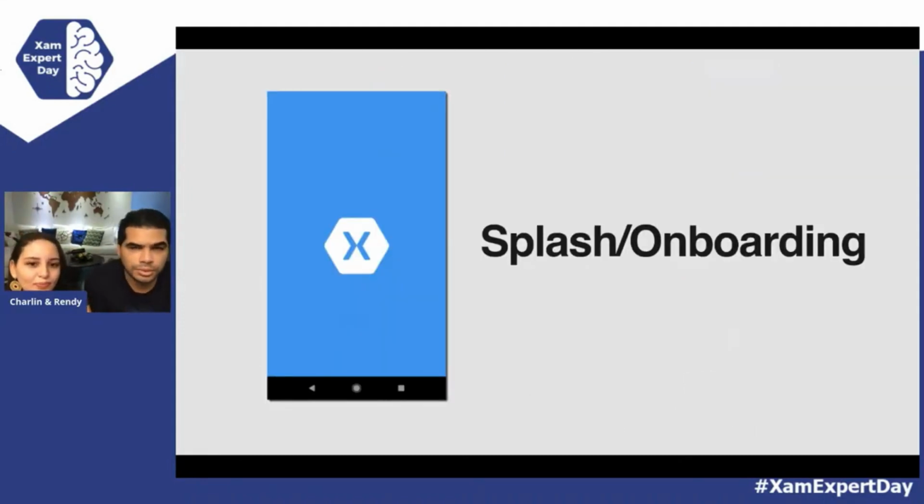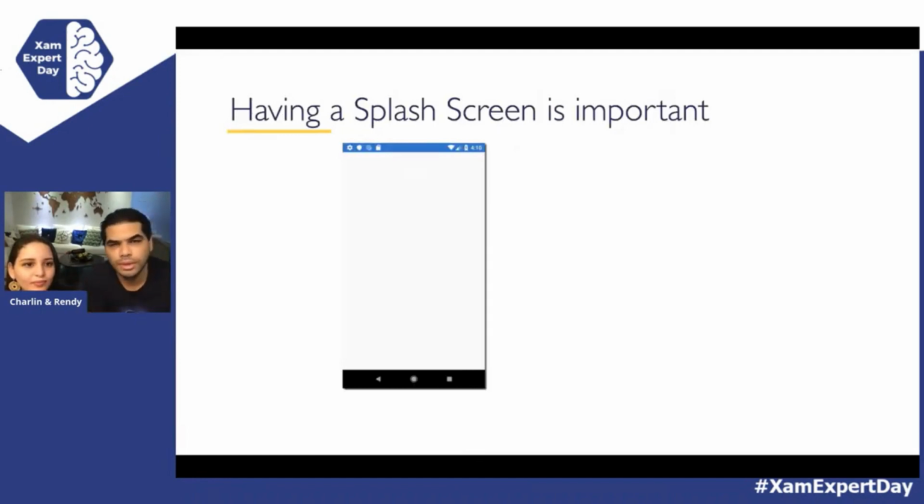Yeah, so as a first thing, I think this is kind of the first impression you get of any app. Having a splash screen is really important because it's kind of the first look of an app when you load it. So it's really important that we give our users the best impression possible.